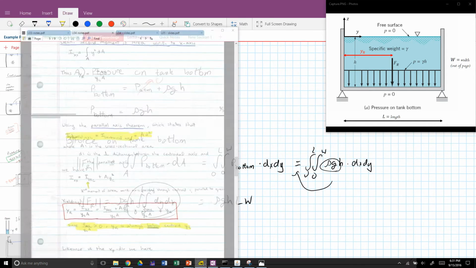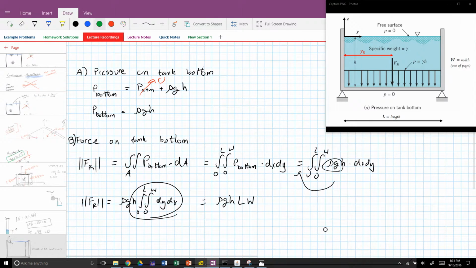Now, it may seem redundant, but I'd like to point out a couple of equivalencies here. This here is the specific gravity, and this here is the total volume of fluid in the tank.